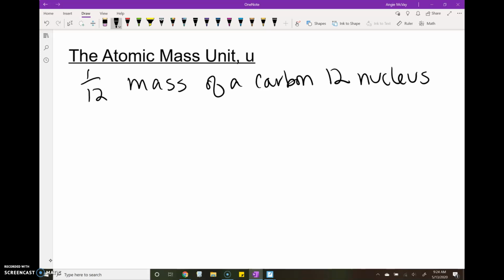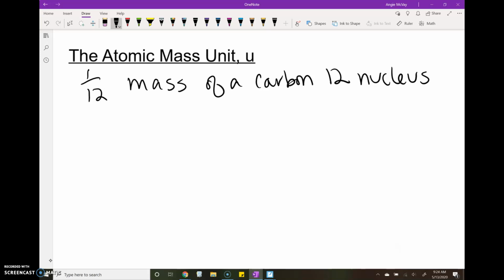So it's essentially the mass of a single nucleon for a carbon-12 nucleus. It's kind of the average mass of a single nucleon.